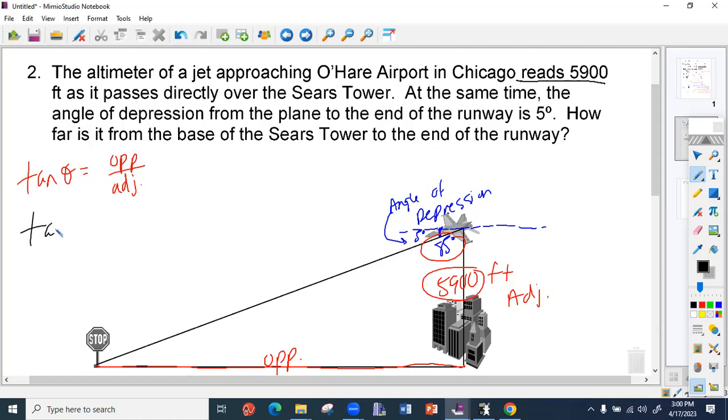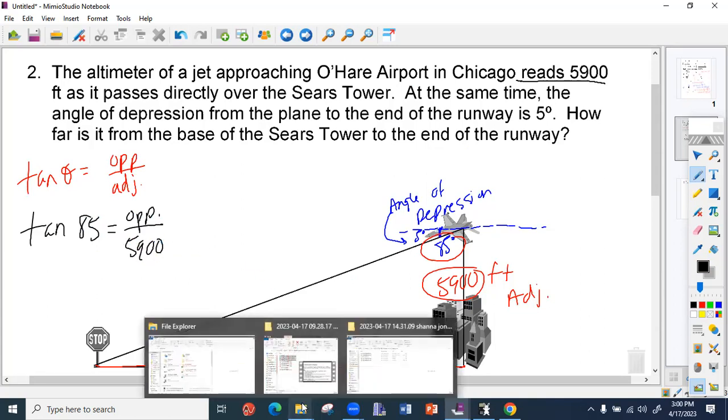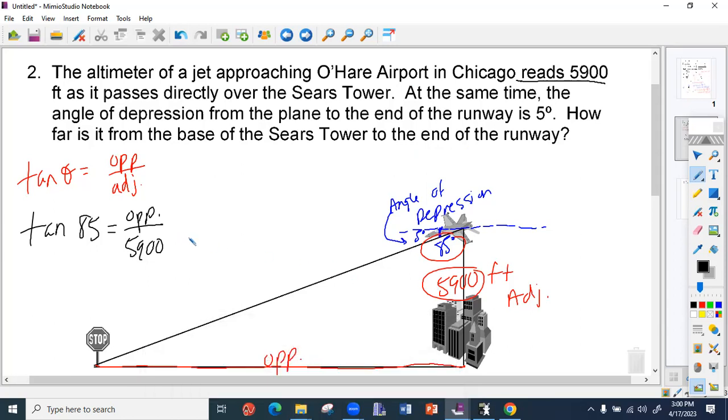So we know that tan of 85 equals, do we know our opposite? No. But do we know our adjacent? Yes. So what do I need to do to solve for the opposite? First multiply by 5,900.